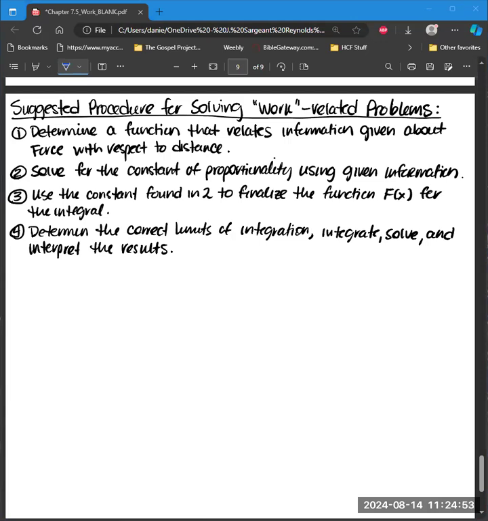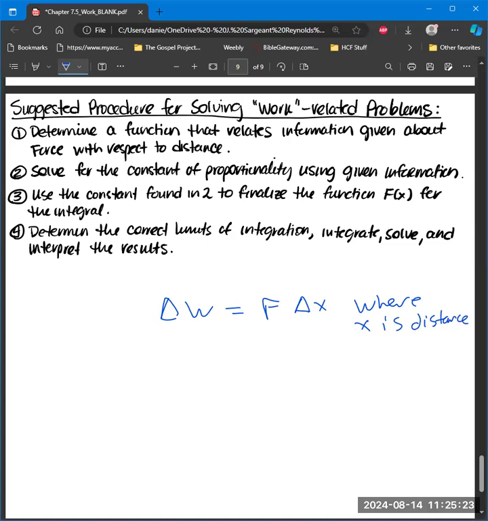Three, use the constant found in number 2 to finalize the function f of x for the integral and determine the correct limits of integration. Four, integrate, solve, and interpret the results. And don't forget your units. Remember, delta W, the change in work, is equal to F times delta x, where x is distance. Really, we're dealing with displacements there since it's forces.